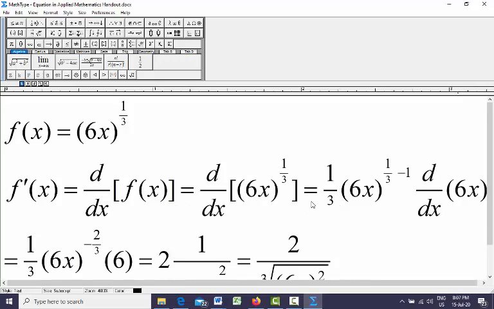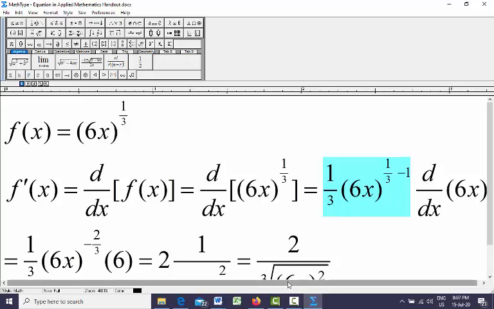You need to write the power 1/3 first, and then from the existing power you need to deduct 1. Right? So this part is the differentiation of the power.